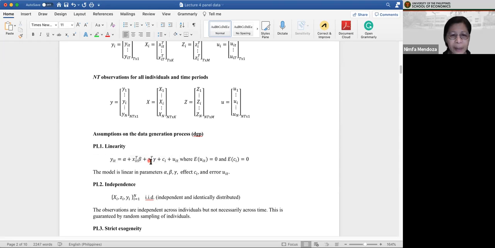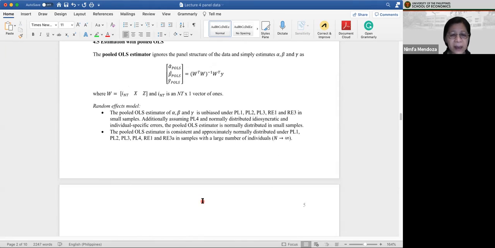C sub i, for an individual person, can be, for example, gender. For that person, gender remains the same across all time periods. If you want to look at the partial effect of gender, you cannot do that using fixed effects. But it's not sufficient reason to use random effects, because you would mess up the estimator if C sub i is actually correlated with these regressors.